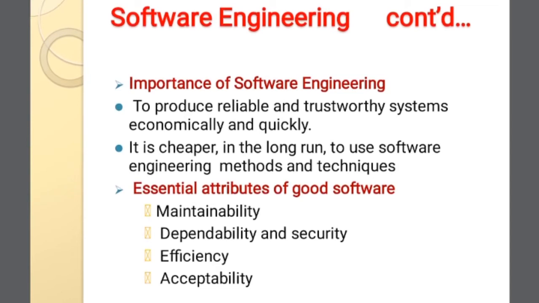Dependability and security tells you that the characteristics of software should include reliability, security, and safety, so that malicious users should not be able to access or damage the system.